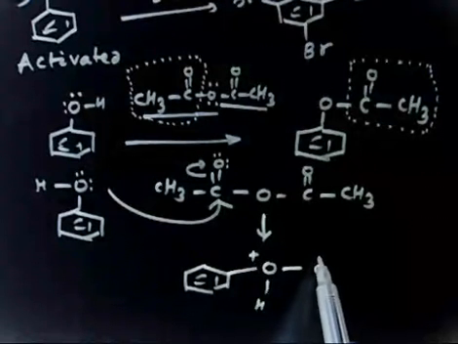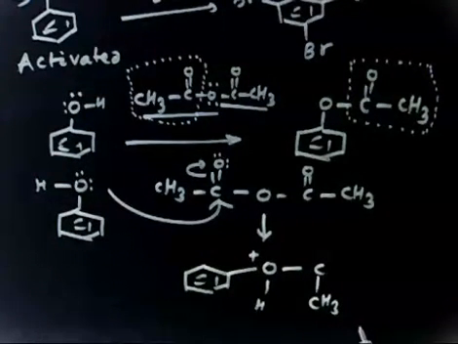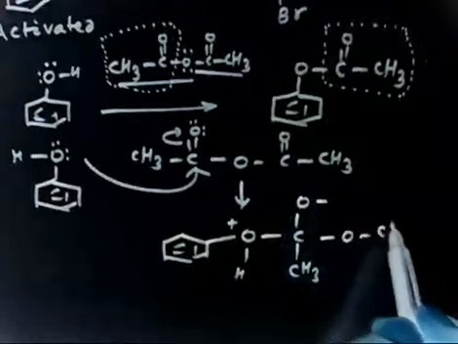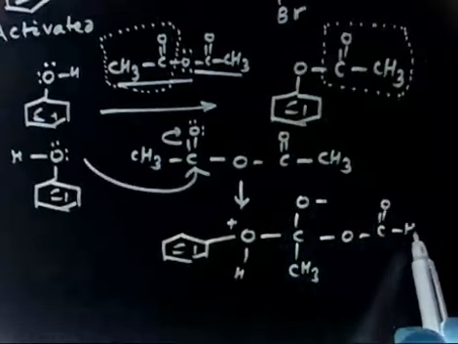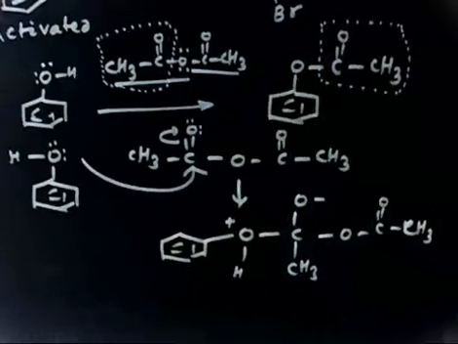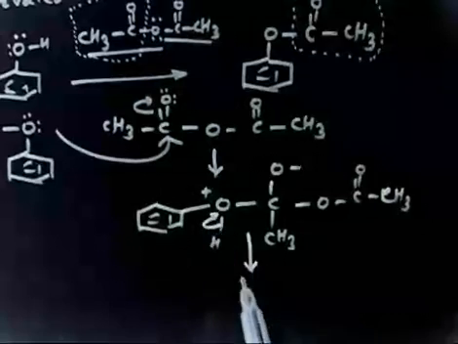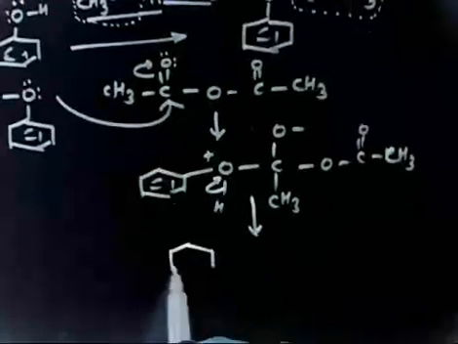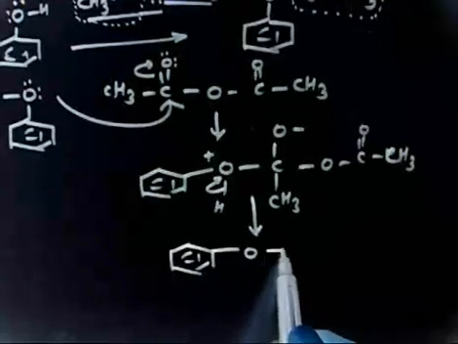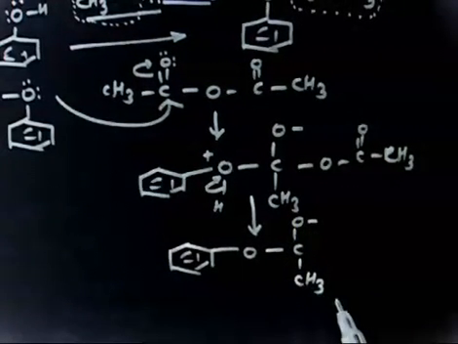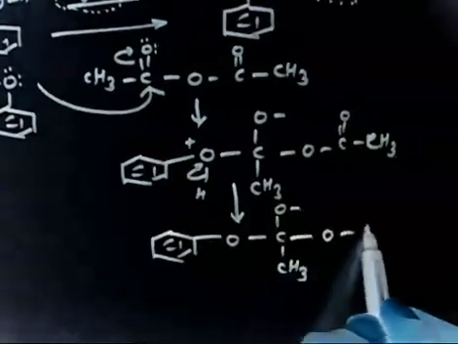Here we will have CH3, are you able to see or not? And here we will have O minus, OCOCH3, COCH3. Are you getting it? In the next step, if you lose H plus, you will have this O, CO minus, CH3 and OCOCH3.